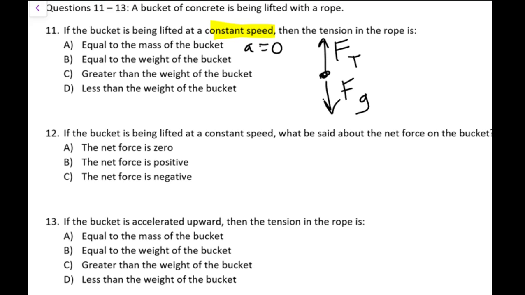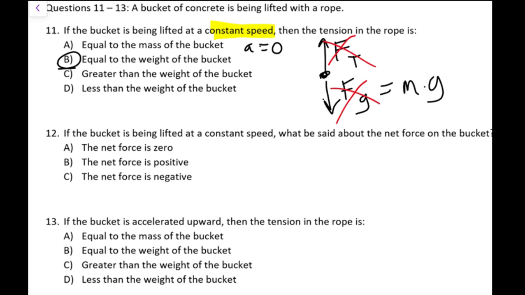If it's at constant speed, these two forces have to cancel each other out, and that means they're equal to each other. So the tension in the rope is equal to the weight of the bucket. Remember that it's not equal to the mass of the bucket. Fg is mass times gravity, and it's a force. The weight is a force.